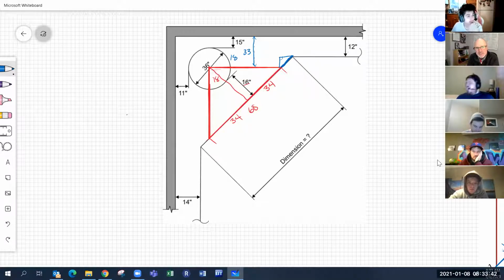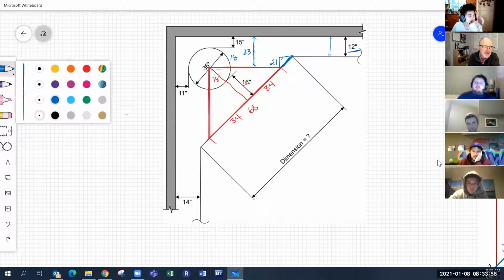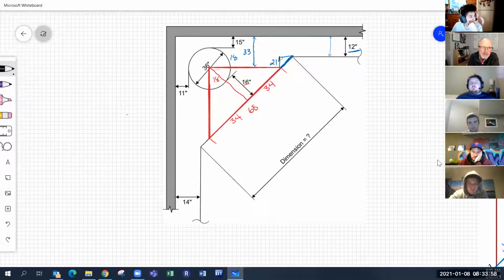And now, as you can see over here, I have 12 inches from this line to the wall. So I'll minus it off of 33. 33 minus 12 is 21. So this line right here, I'm going to make it black now. This line is 21.